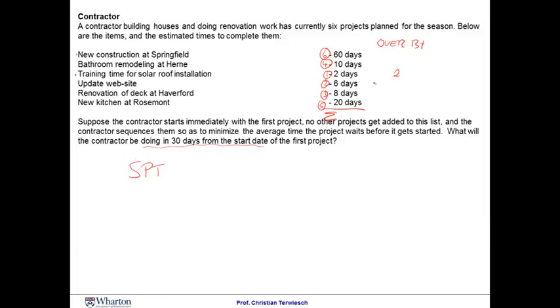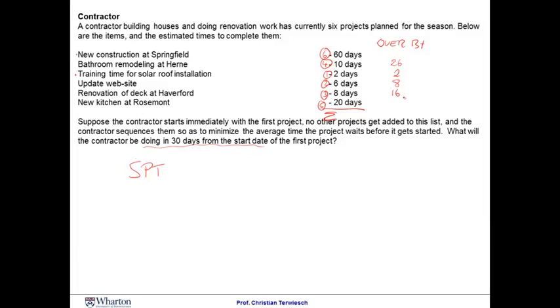The second job he's going to touch is going to be over after 2 plus 6 equals 8 days. The next job is going to be over after 16 days. Then he's going to take job number 4. That takes 10 days, so that's going to get him to 26 days. So after 26 days, he has the first 4 jobs completed.